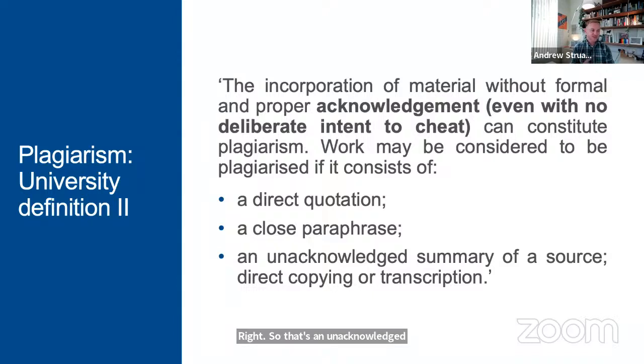And then the third one is an unacknowledged summary of a source, direct copying, or transcription. Again, you're using others' ideas, evidence, information, data, but you're not telling us where they come from. So with that unacknowledged summary, you're drawing in other people's work without telling us that it is the work of other people. Those three things count as plagiarism.